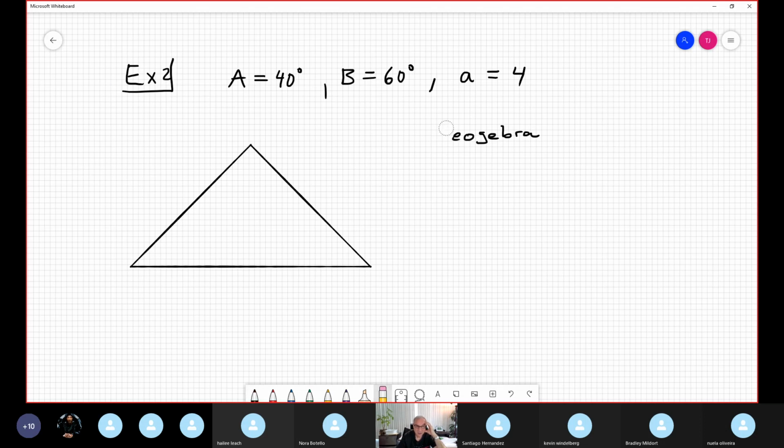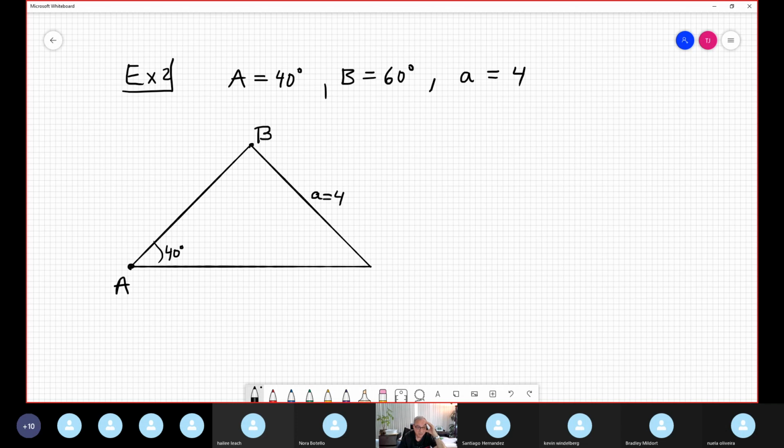Okay. So now, I suppose that this is A. Remember, the position is not important. The important is the order. See, this is A, little a, which is 4. And this is 40. And suppose that this is B. Or this, doesn't matter.